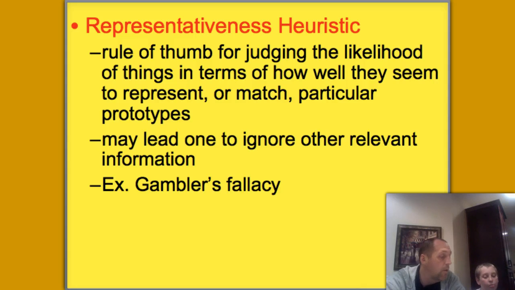Any coin that's properly weighted has a 50-50 chance of getting heads or tails. But let's say you flip the coin 10 times, and 10 times in a row, heads came up. What are the odds on the 11th time that heads will come up again, or you'll get tails?